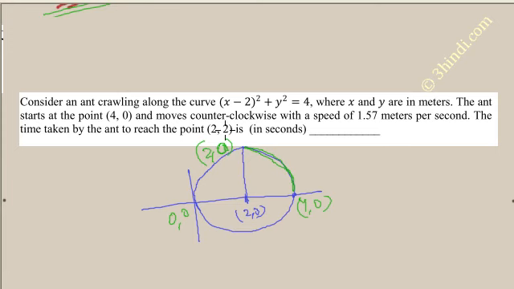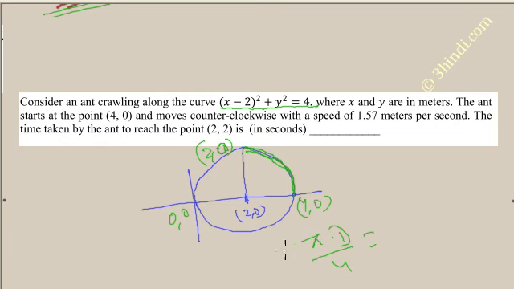Here this equation shows this is a circle and the ant is required to move from this point to this point. This is 1 by 4 of the circumference of this circle. The circumference of a circle is pi into d, so this length is pi d by 4.